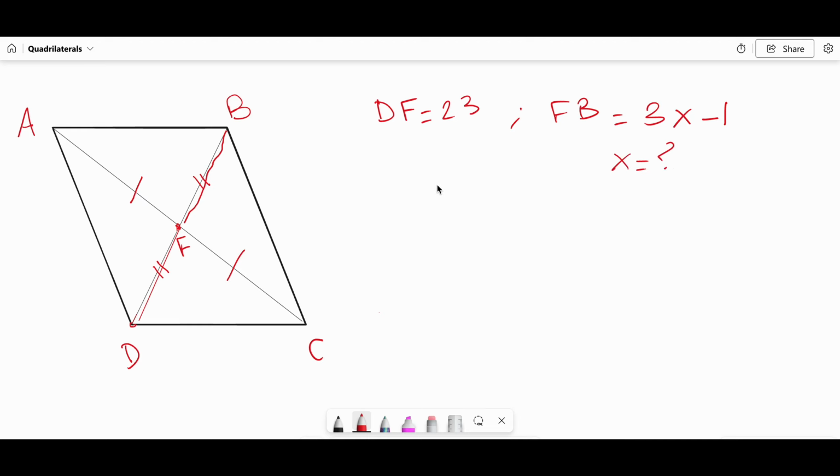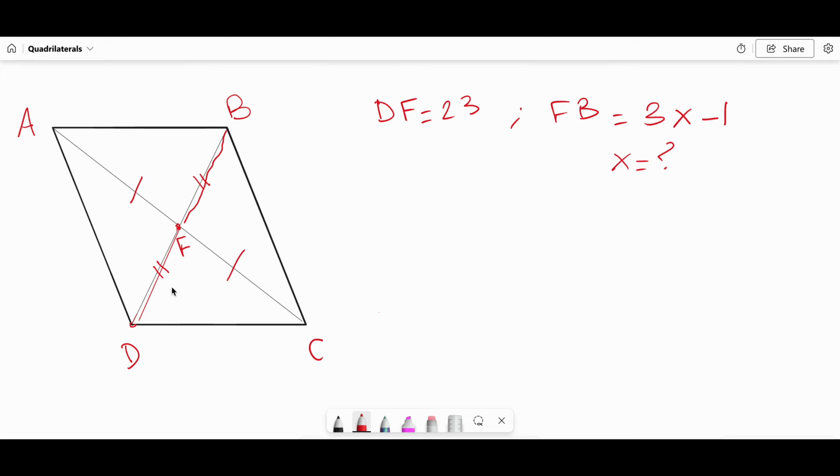Again, we should always go back to the properties of parallelograms, and we know from the properties of parallelograms that the diagonals bisect each other. When one diagonal bisects the other one, it creates two segments that are equal in length.